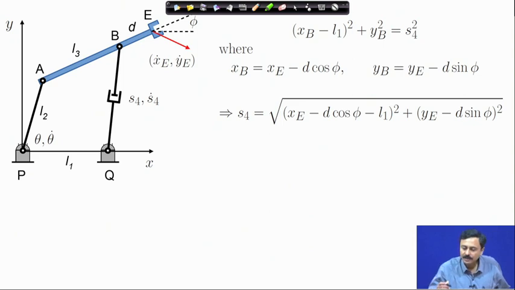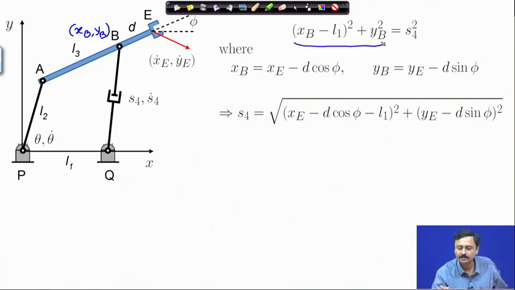Now, from the previous expressions, look at the coordinates of point B, xb and yb, and the distance between B and Q is nothing but S4. So, the distance squared, QB squared, is equal to S4 squared.